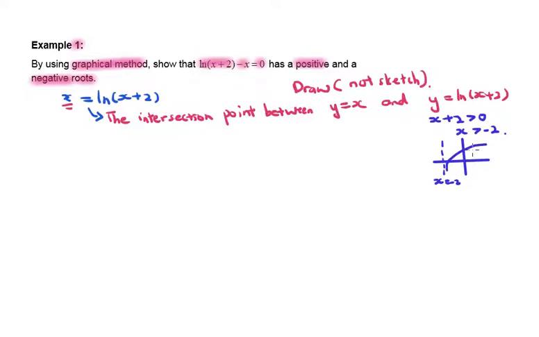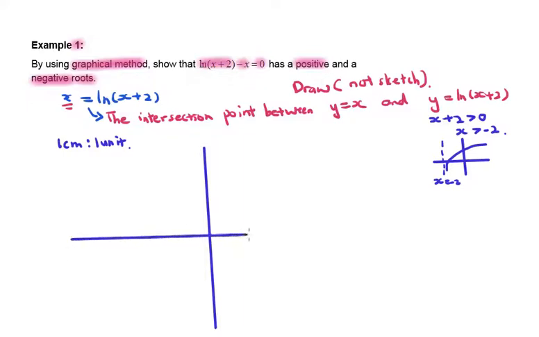Now we are going to draw this graph. So draw, use a ruler. You can set 1 cm as 1 unit. So y-axis, x-axis, -1, -2.